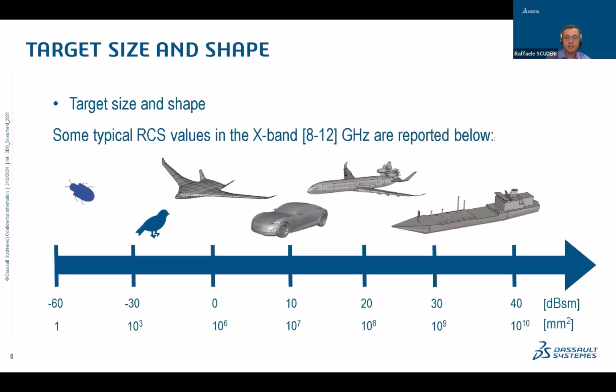And with this plot, I just want to give you a feeling of different RCS values for different categories of targets. Okay, and here you can see values in dB square meter or millimeter square.